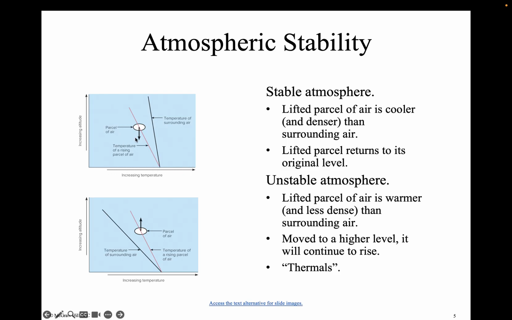So here the parcel that's lifted up is cooler than the surrounding air, therefore denser than the surrounding air. And because of that, the lifted parcel will return to its original level, sort of sinking back when this upward force that's moving the parcel up is removed.